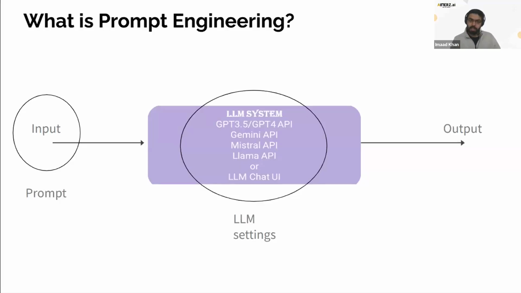We will try to look at how we can construct different prompts and what are the different techniques in which we can do that. But I also wanted to let you know that LLM settings also play a part in the output you generate. It's not only the inputs that you write, the English text, but also the settings you set the LLM with.